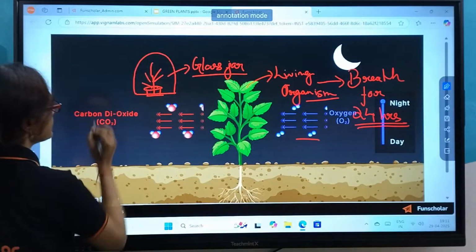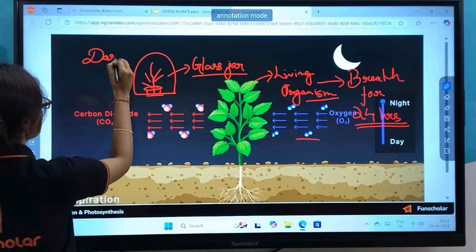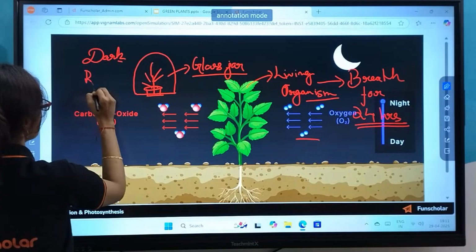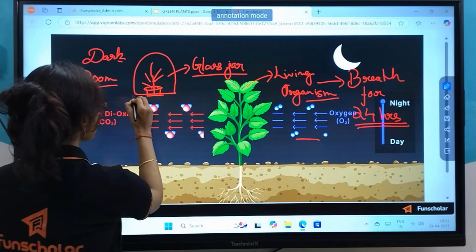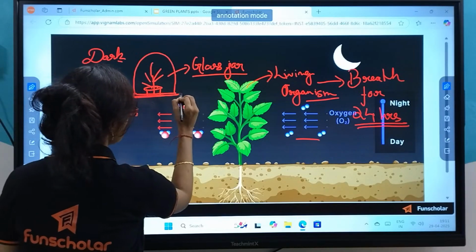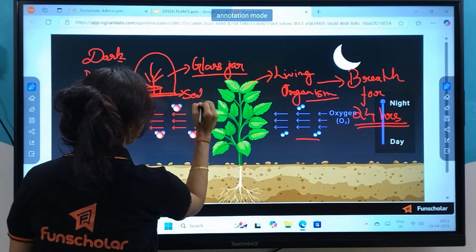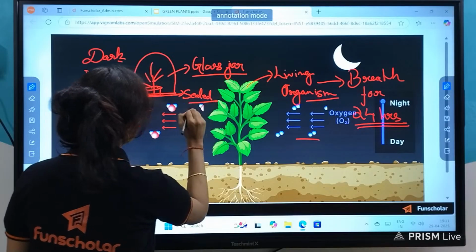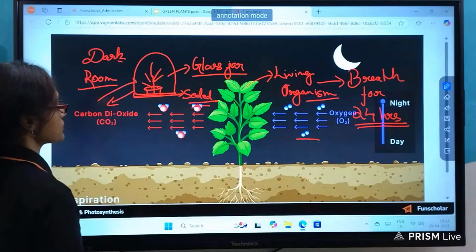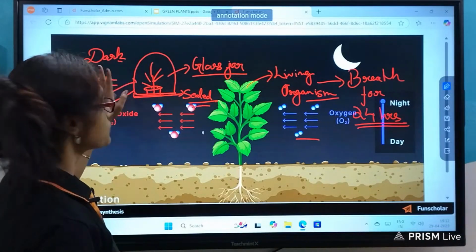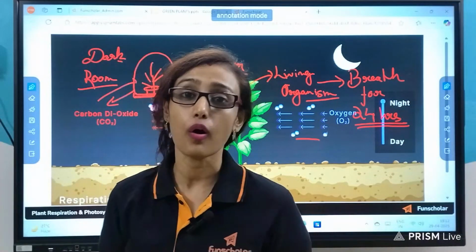You keep it in the dark room. Okay? And you seal the jar from here. Sealed. No air is going inside, no air is coming outside. And you are keeping it in a dark room so that photosynthesis can't occur.